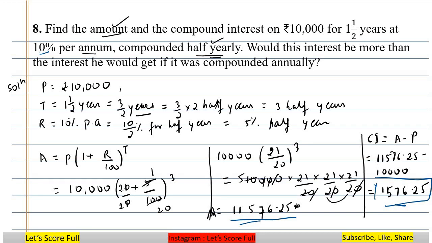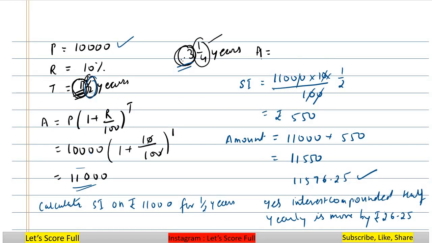Means they are asking us to calculate compound interest on a yearly basis. So for the yearly basis, we took the whole compounding period as yearly, so taken the whole year, that is 1 year, calculated the amount, and for the remaining half year, we calculated the simple interest. One thing I am mentioning again and again, remember that while calculating simple interest for the remaining period of time, use this amount, not the original one.